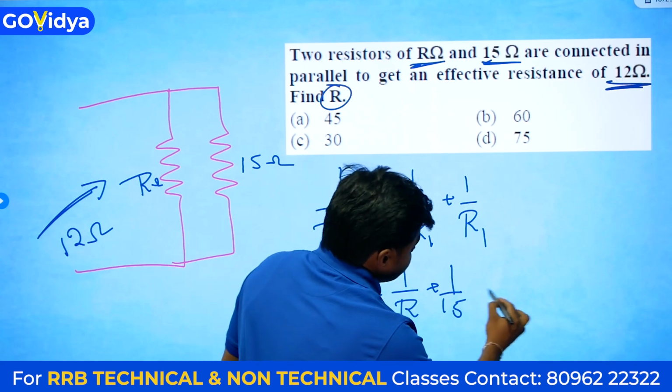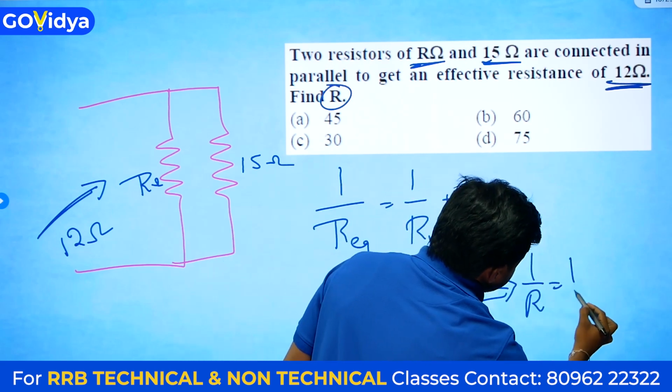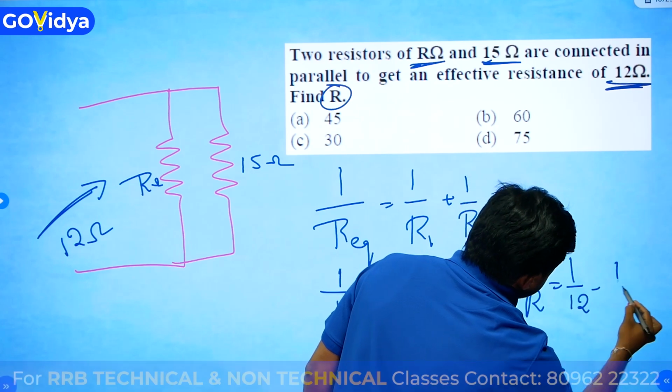From this we will get 1 by R is equal to 1 by 12 minus 1 by 15.